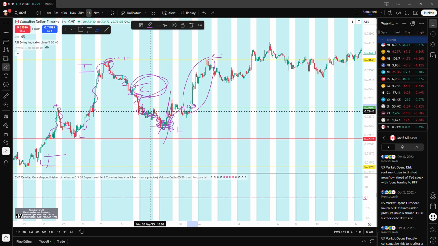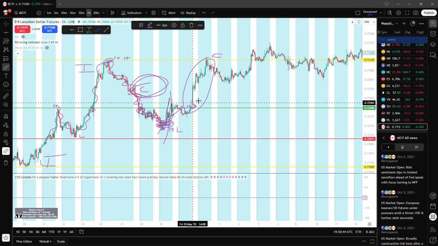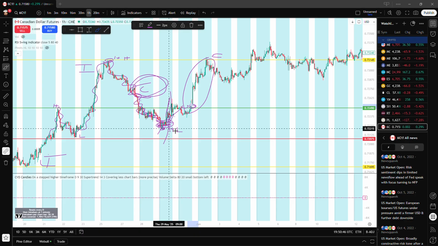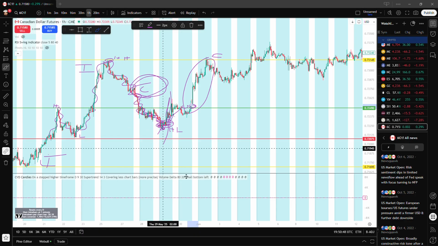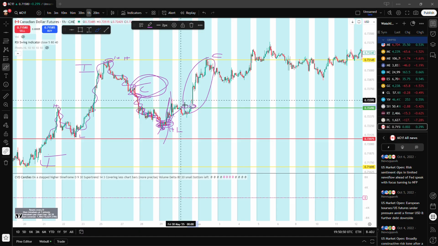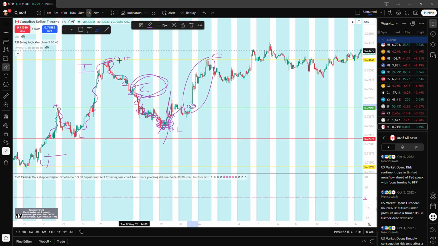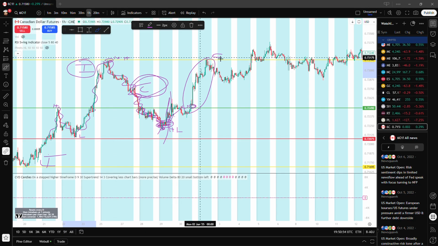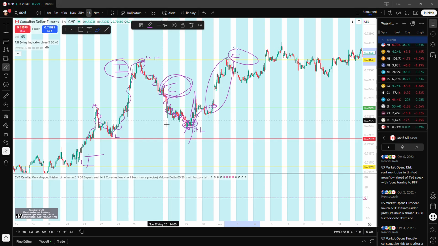And because it formed a higher low, that means we're going to be going up. But if it formed a lower low, then we would be going down. And so yeah, that is ICC. I think I figured it out basically. That is what ICC is.